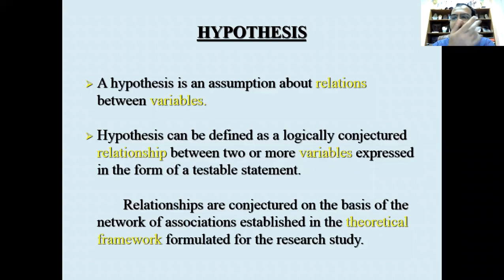Let's suppose you study temporal attributes. You define those various temporal attributes, then you define in your framework what type of relationship these attributes have. Or if you are dealing with spatial attributes, what is the relationship of these temporal attributes with those spatial attributes?